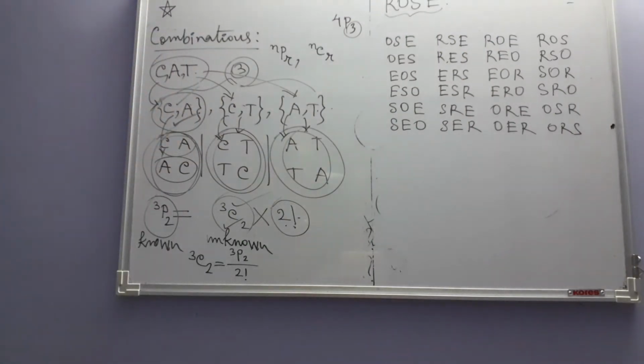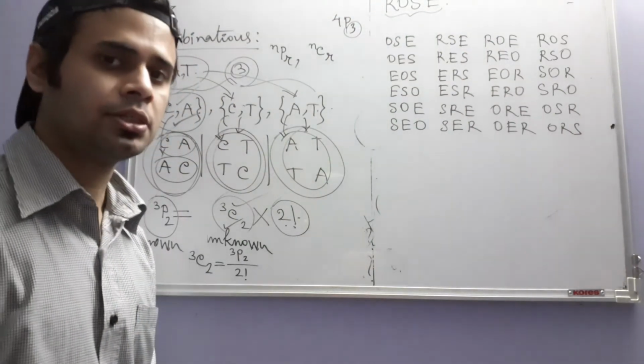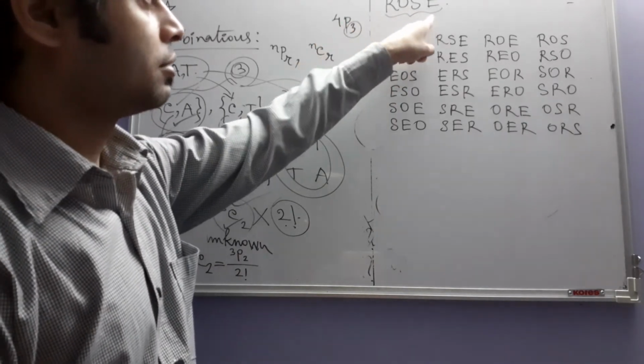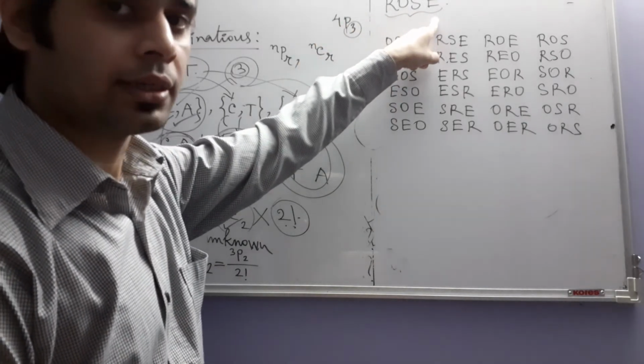So these are the 24 permutations of 4 distinct objects when we take 3 at a time.